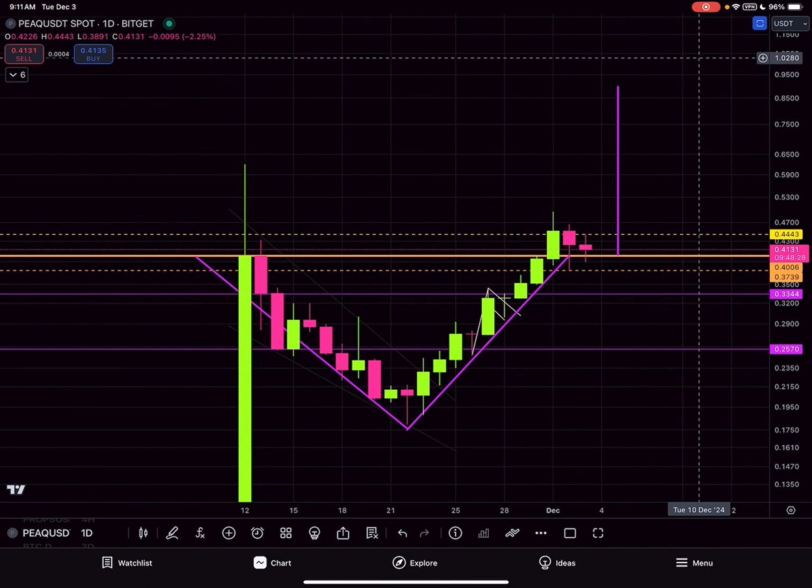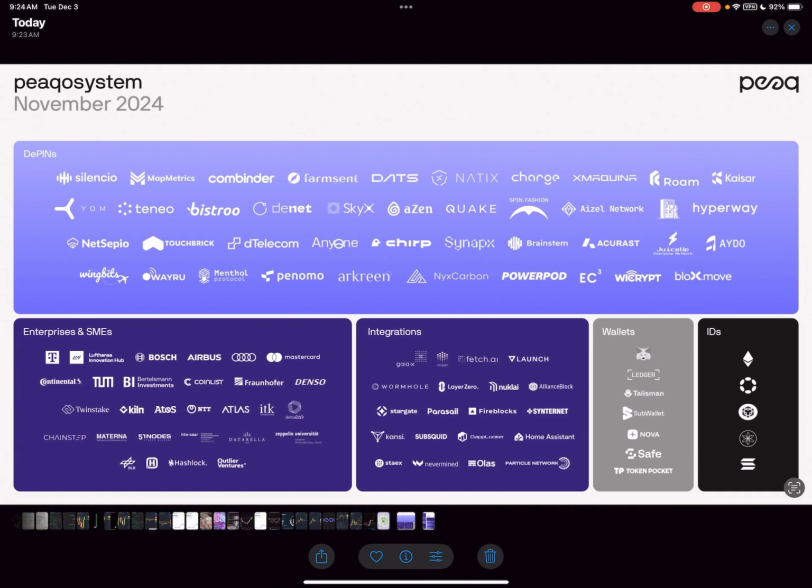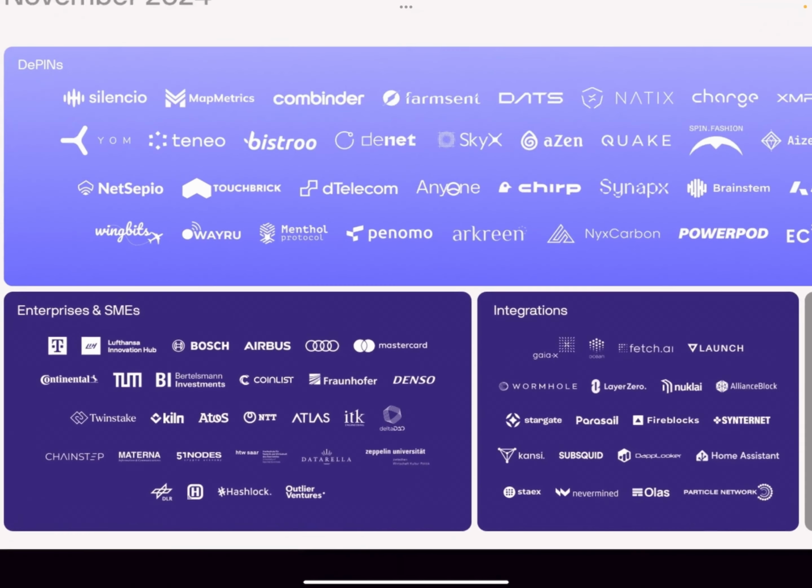Okay. Now, while this thing is a dollar, like I said again, people are so focused on the tokenomics of Peaq. It does not matter. This is an enterprise level blockchain. Have you seen their partnerships? It's mind blowing. Okay, these are the enterprise partners they have.